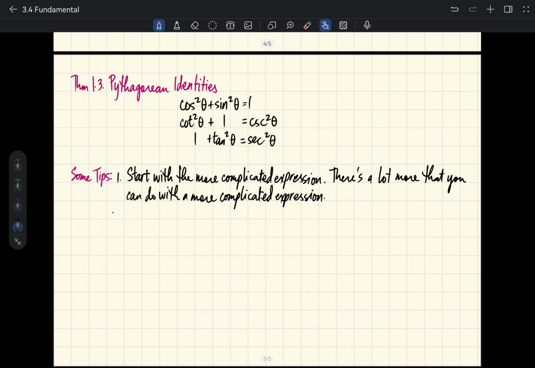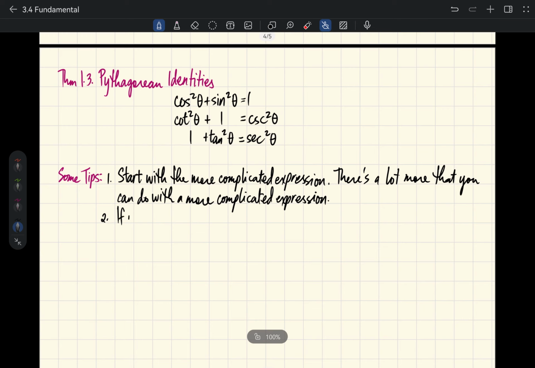Second tip, if you get stuck, try to start with the conclusion and work backwards.